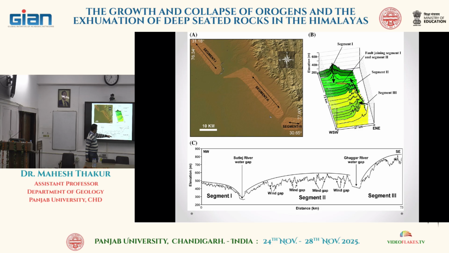And this Chandigarh anticline segment has a lot of wind gaps also. But in general, Chandigarh is somewhere here, right? If we take a mean elevation, then we are at a higher elevation as compared to the Ropar area.